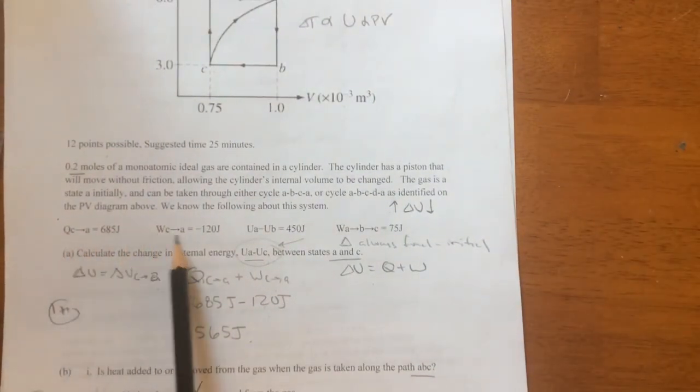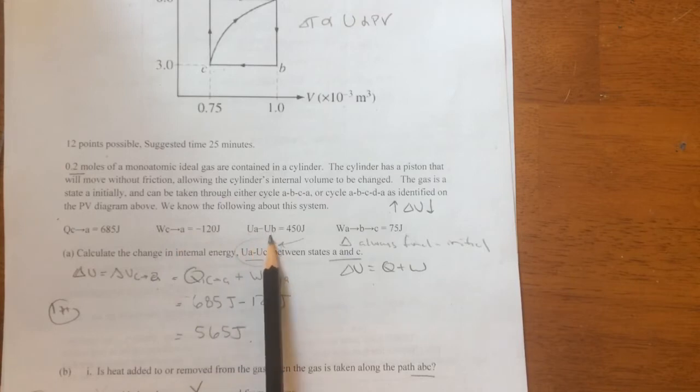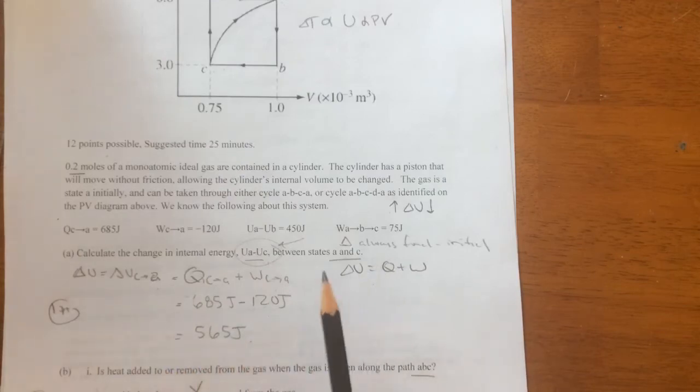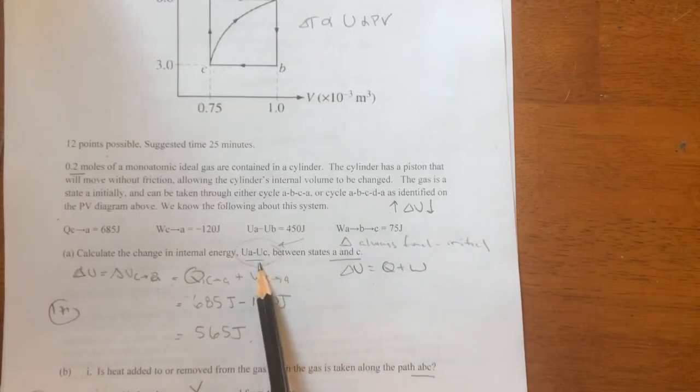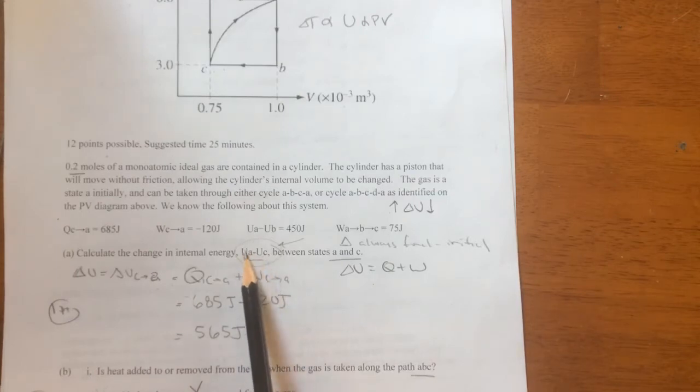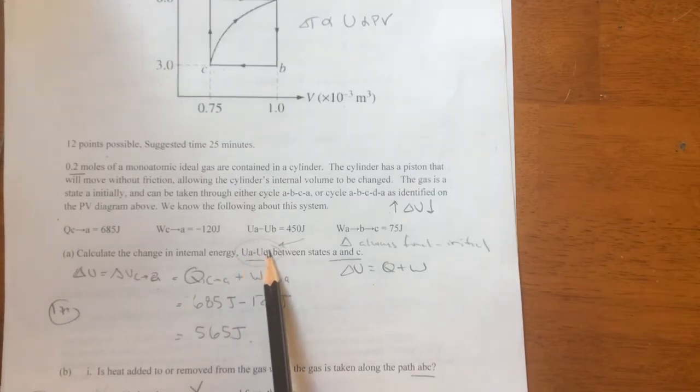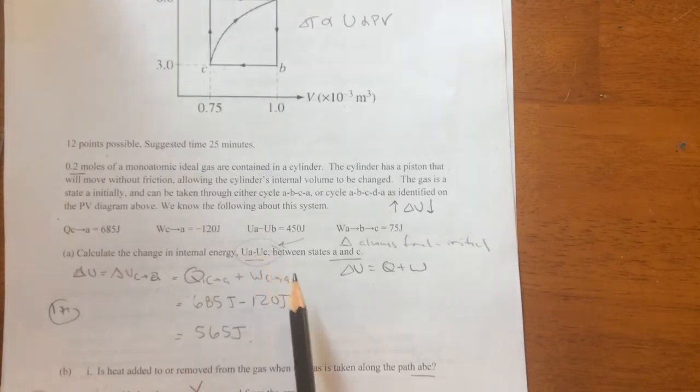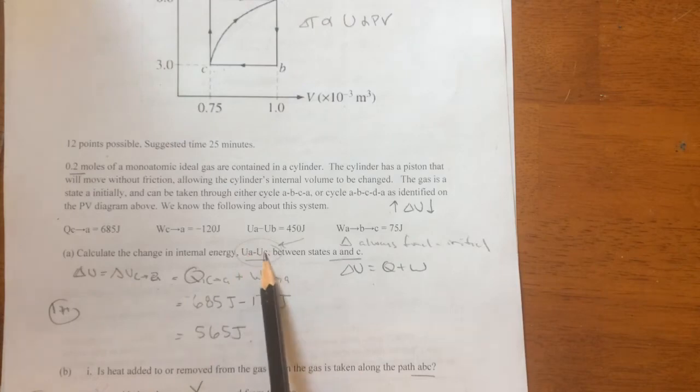State C to A, state C to A to B. See how that arrow isn't there? That's pretty tricky. You've got to read this just the opposite way. Just like here, this is going from A to C. Final minus initial. So you're going from C to A. That was all right.